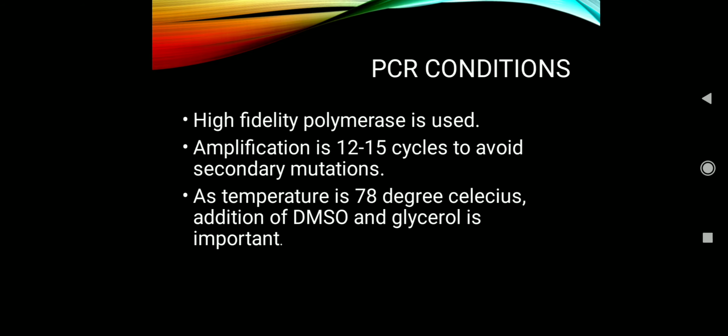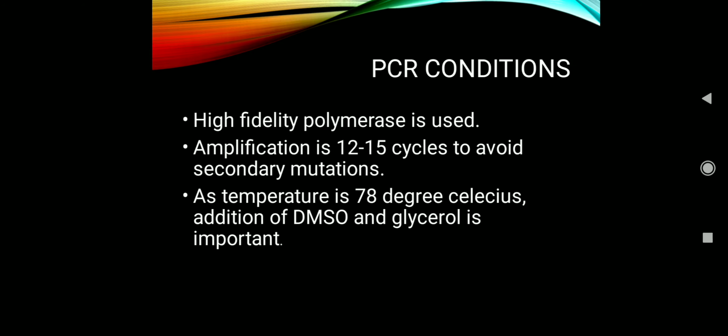Next, we have to look at the PCR conditions. As I told you, a high fidelity polymerase will be used, and dNTPs, that is deoxynucleotide triphosphates, will be used. Then amplification, very important.